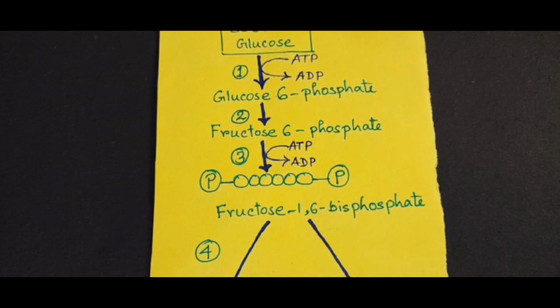The 3 carbon sugars formed when the unstable sugar breaks down are different from each other. Only one glyceraldehyde 3-phosphate can enter the following steps.